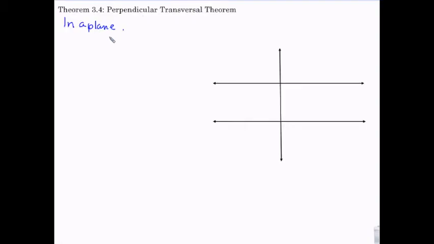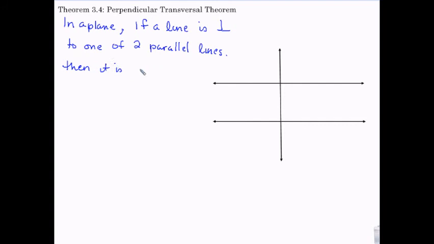Plane, so we're in a flat surface. If a line is perpendicular to one of two parallel lines, then it is perpendicular to the other.